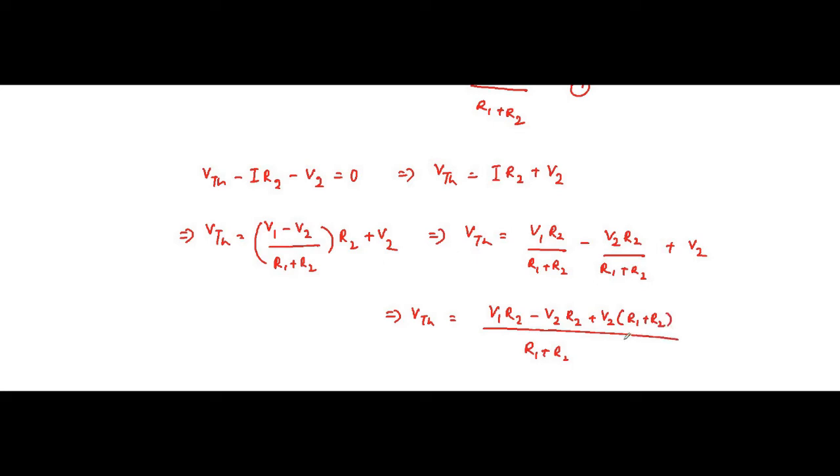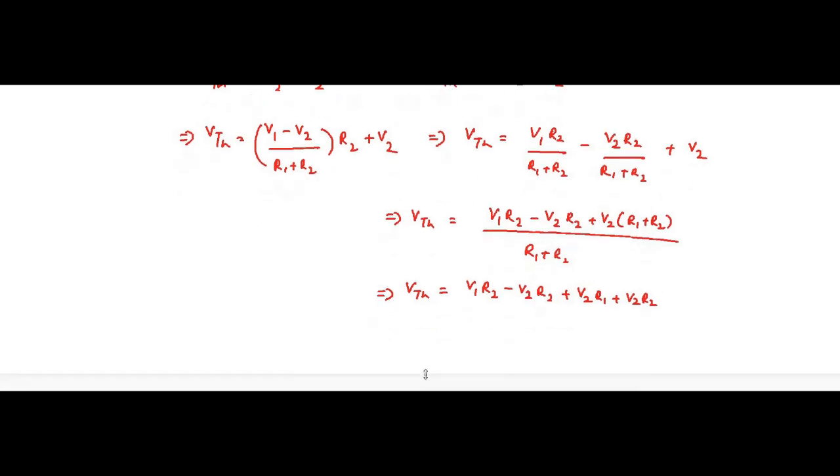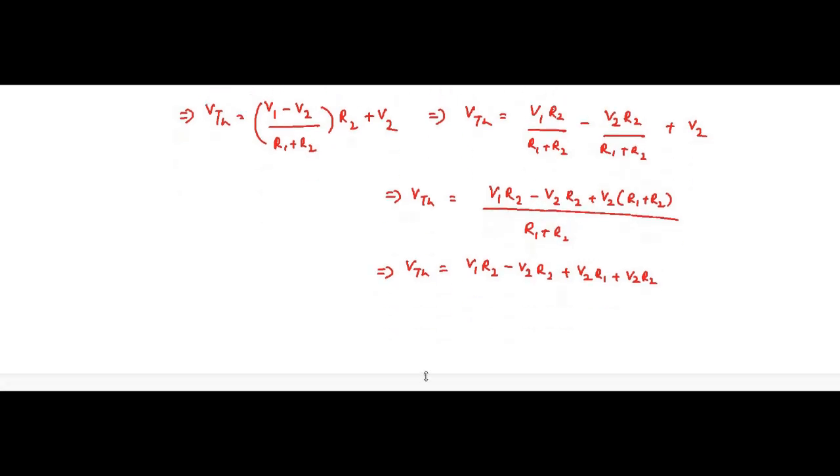That implies VTH equal to V1 R2 minus V2 R2 plus V2 R1 plus V2 R2, divided by R1 plus R2.